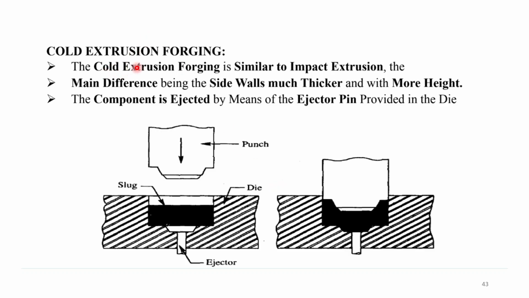So cold extrusion forging is similar to impact extrusion, and the main difference is that the side walls are much thicker and taller, and the component is ejected using the ejector pins provided in the die. After the punching and after it takes its shape, the punch is removed, and with the help of the ejector pin the product is removed from the die.